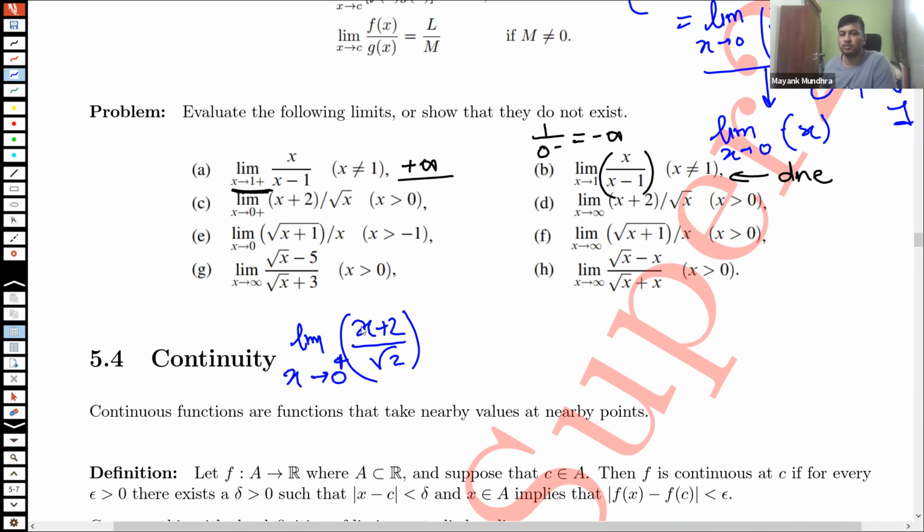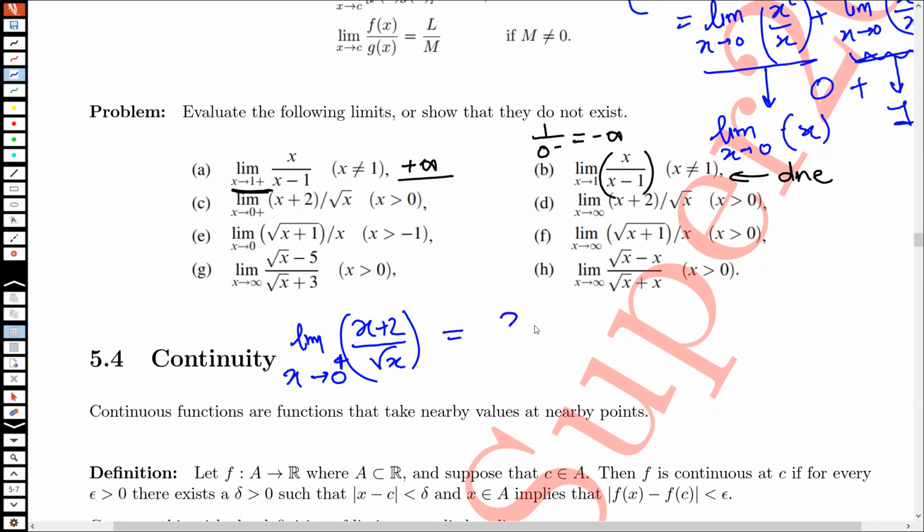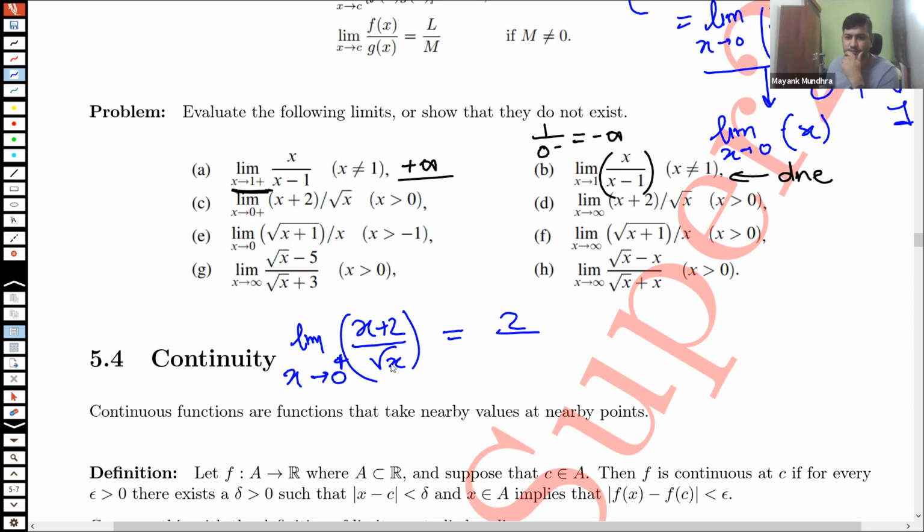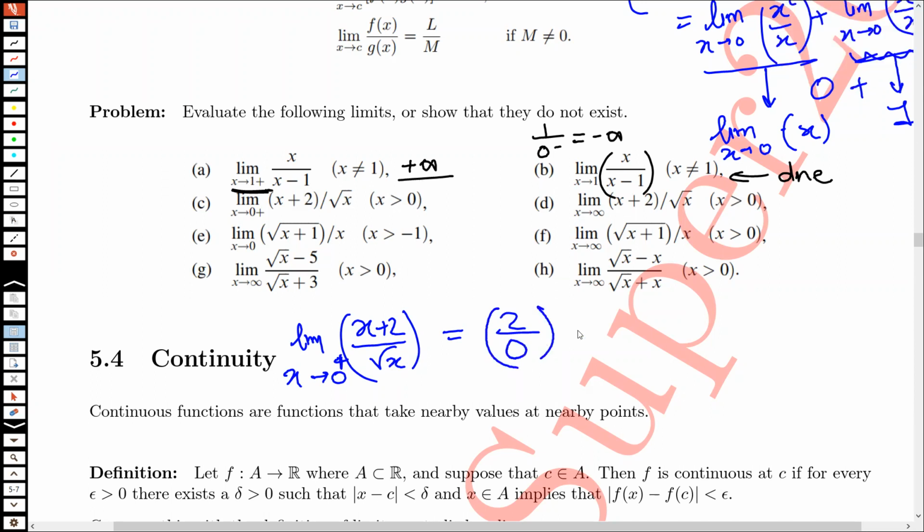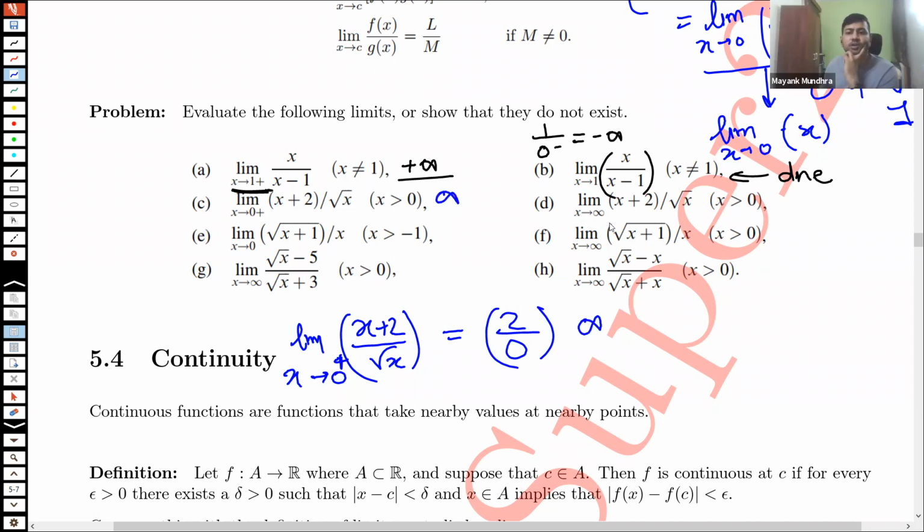What happens to the numerator as x becomes 0? What is 0 plus 2? Kritika, come on. It's 2. And what happens to root x as x becomes 0? It's 0. So what is 2 by 0? Infinity. So that's all you need to do. So this is infinity, positive infinity, in fact.